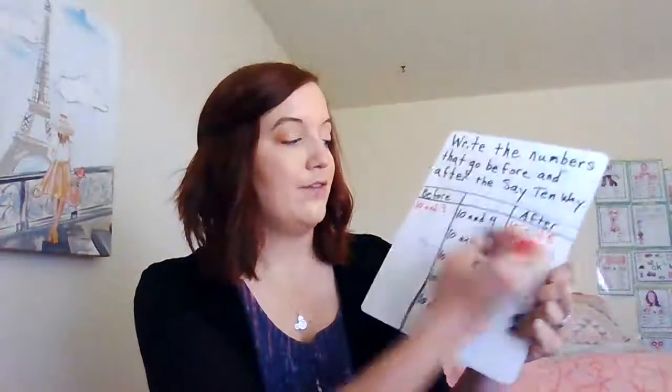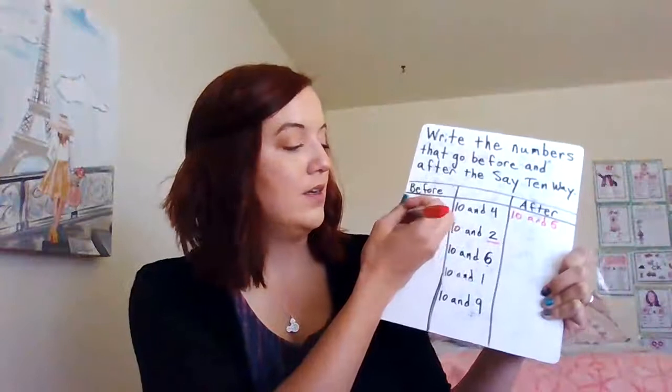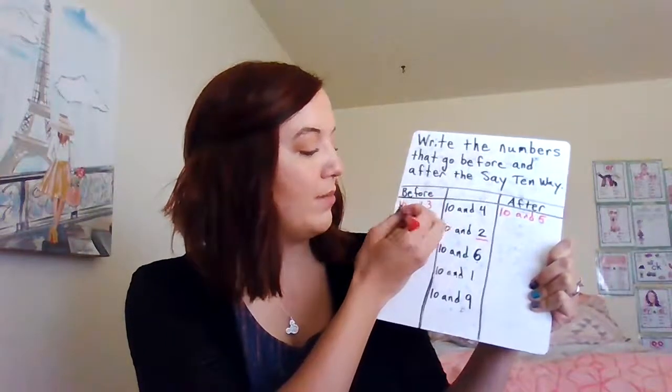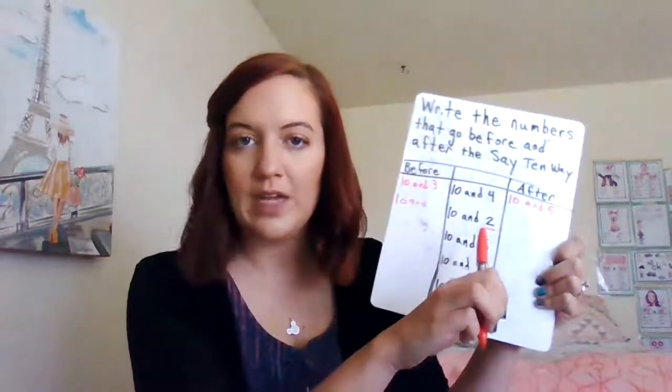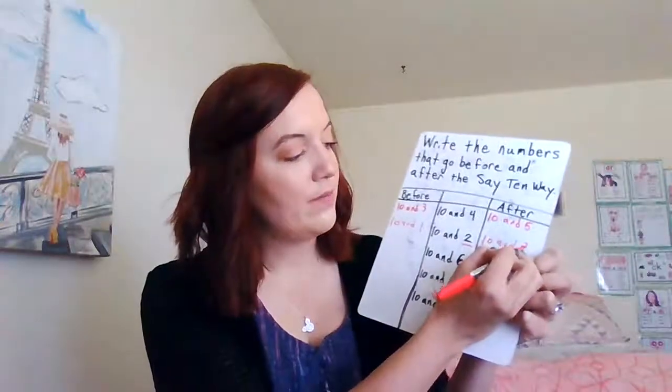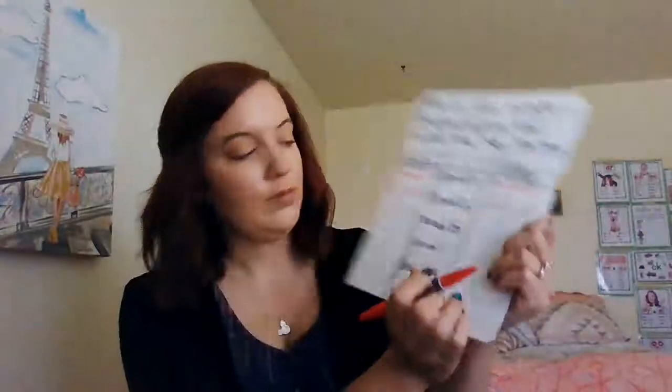So we have before 10, and what number comes before the number 2 when we count? So number 1. So we have 10 and 1. Then over here we're going to have 10 and what's going to come after 2? 3. Okay.